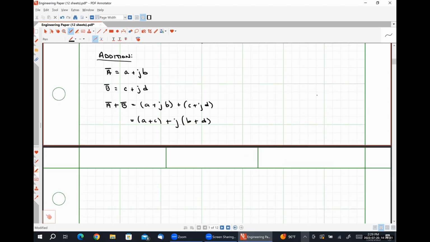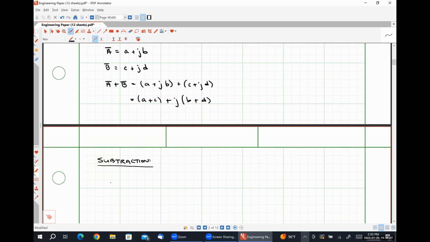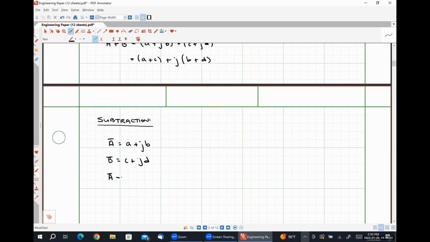Subtraction is just addition, but now there's a negative sign involved. So if we have those same complex numbers, A equal to a plus jb, and B equal to c plus jd, if we take A minus B, we'll have a plus jb minus c plus jd.